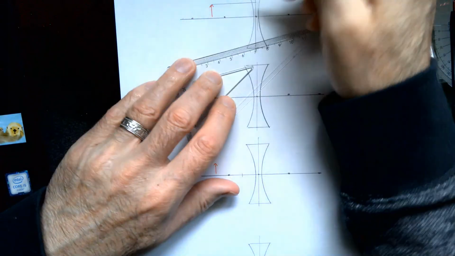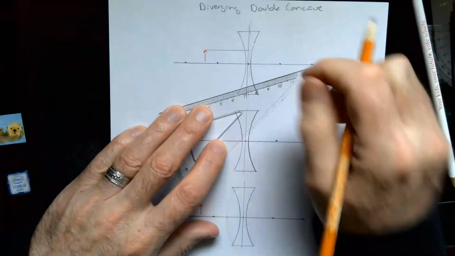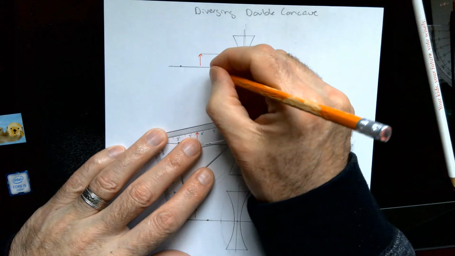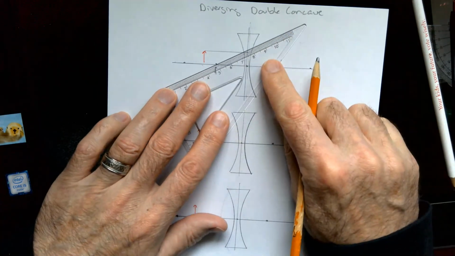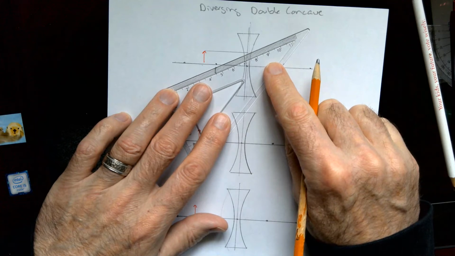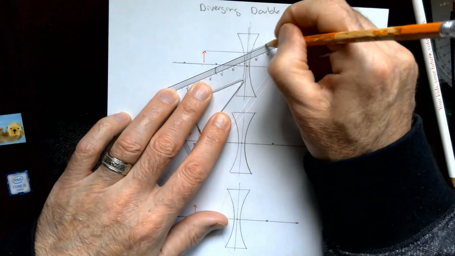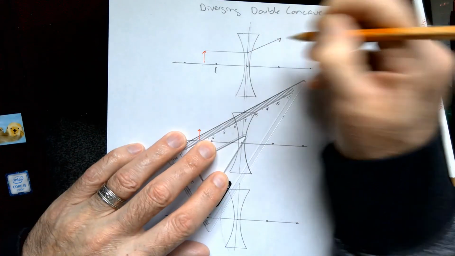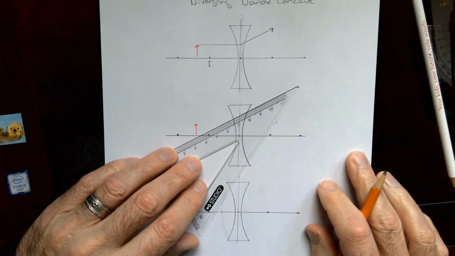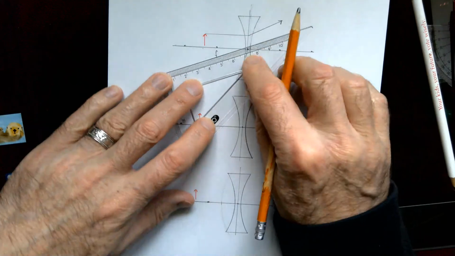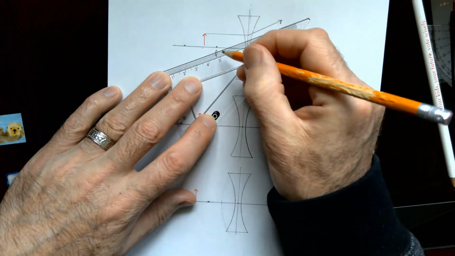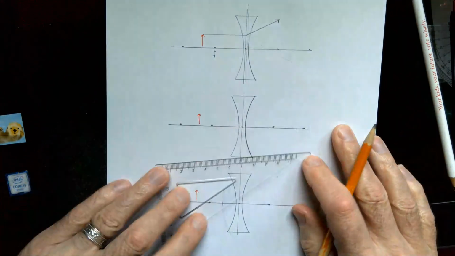Now, because it diverges, it goes away from the middle, but it goes opposite to the F that's on the same side as the object. So I line up the F that's on the same side of the object, and I have the light going away. So instead of coming down through the F on this side, it goes away from the F that's on the same side as the object.